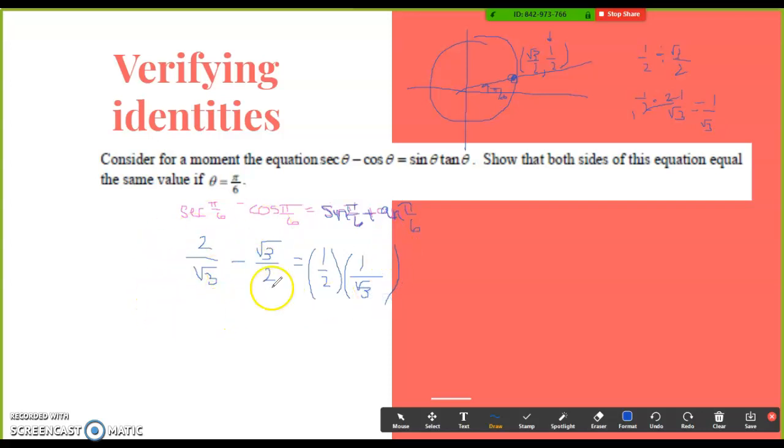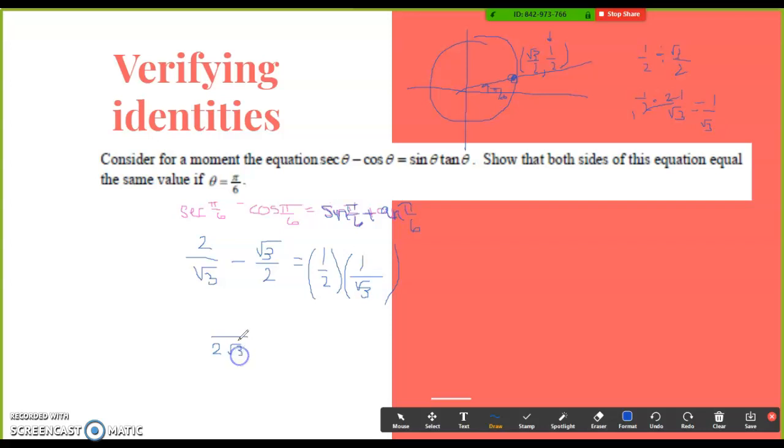So let's look at the left side. If we add these two together, remember we need a common denominator. The common denominator here is going to be 2 times radical 3.